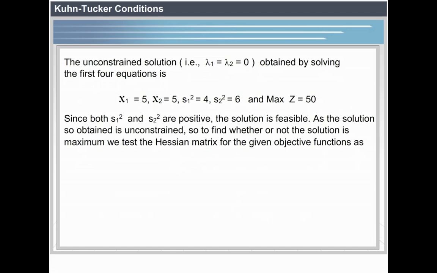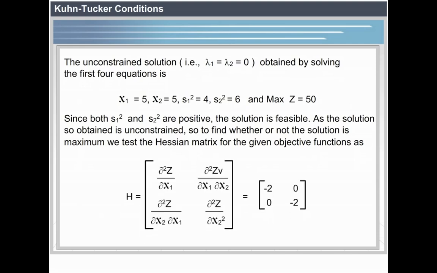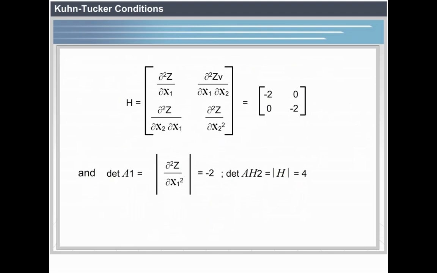As the solution so obtained is unconstrained, to find whether or not the solution is a maximum, we test the Hessian matrix for the given objective function. H = first row ∂²z/∂x1², ∂²z/∂x1∂x2, second row ∂²z/∂x2∂x1, ∂²z/∂x2², which gives first row −2, 0, second row 0, −2. The determinant of A1 = ∂²z/∂x1² = −2, then the determinant of A2 = determinant of H = 4.